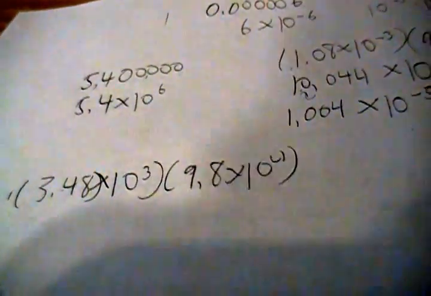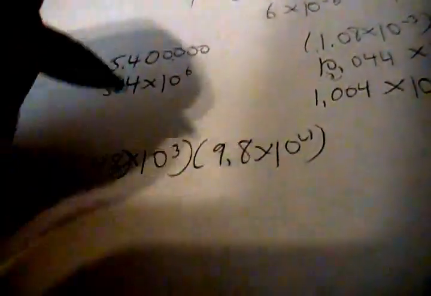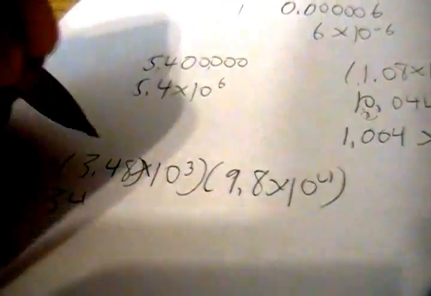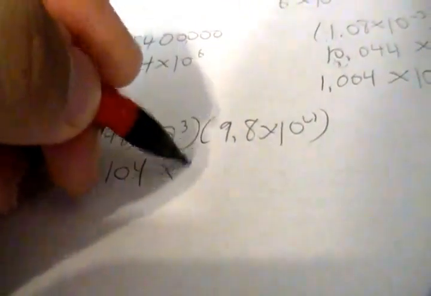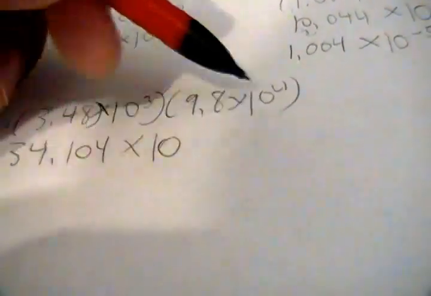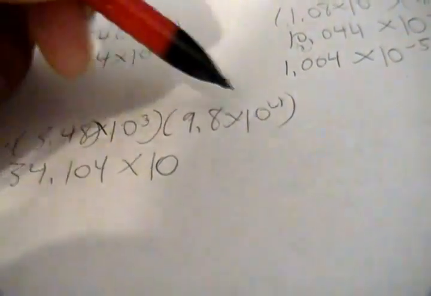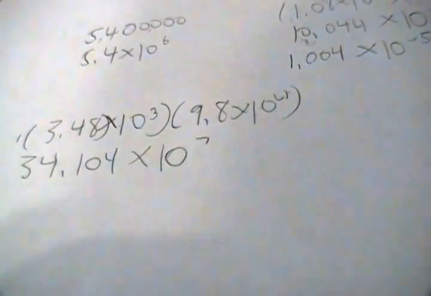It's 3.48 times 9.8, so we get 34.104 times 10 to the... Now, since you have the same bases, we just add the two exponents. So we get 3 plus 4, that's 10 to the 7th power.